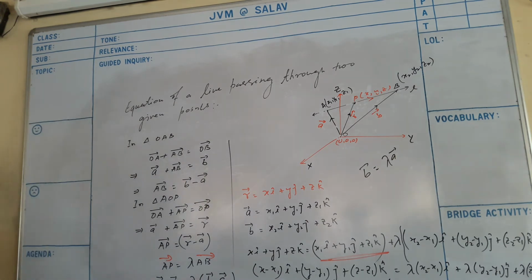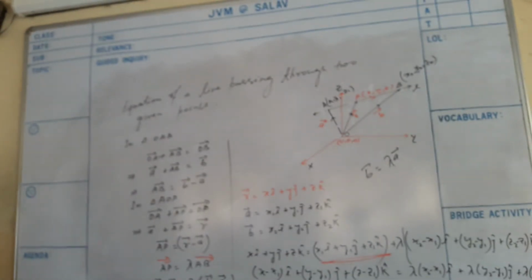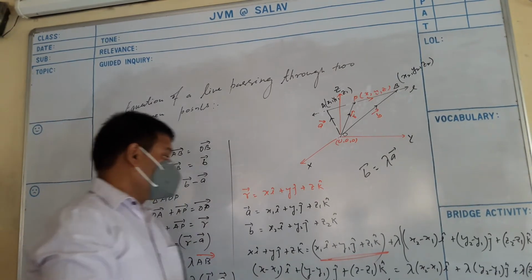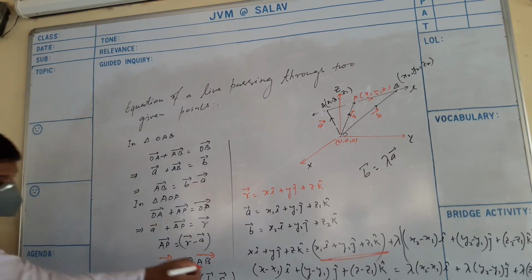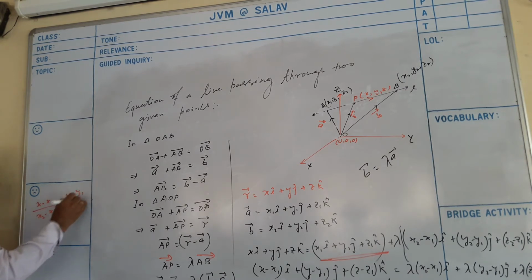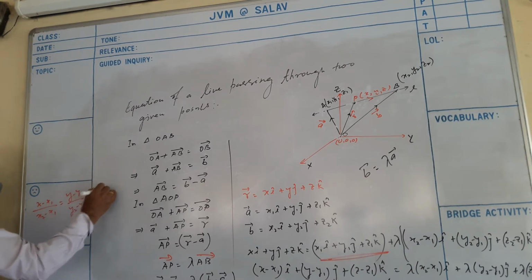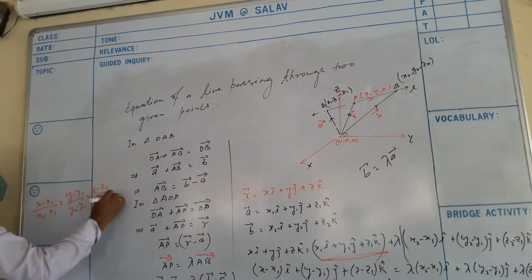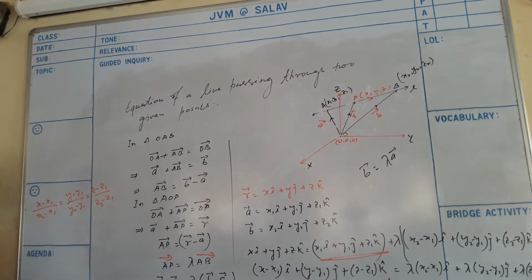Clear? So what is the equation of a line? The equation of a line in Cartesian form is x minus x1 divided by x2 minus x1, equals y minus y1 divided by y2 minus y1, equals z minus z1 divided by z2 minus z1. This is the equation of a line.